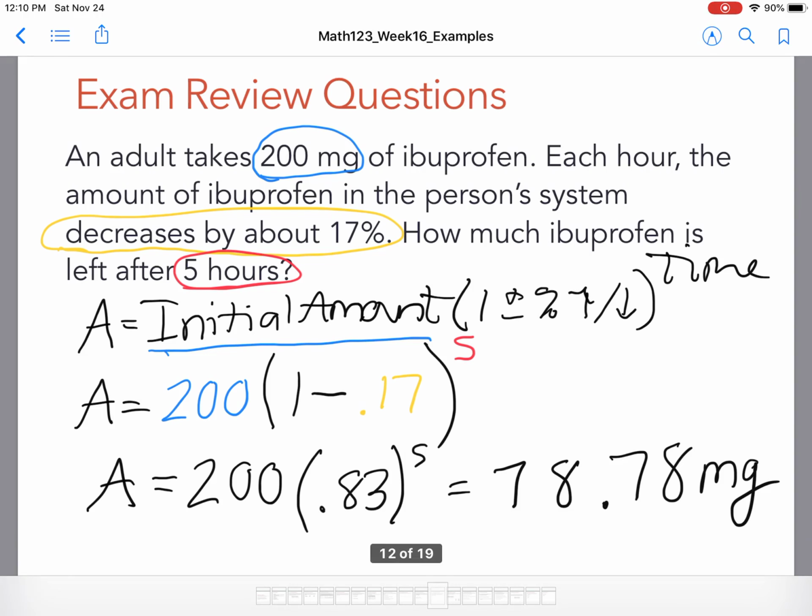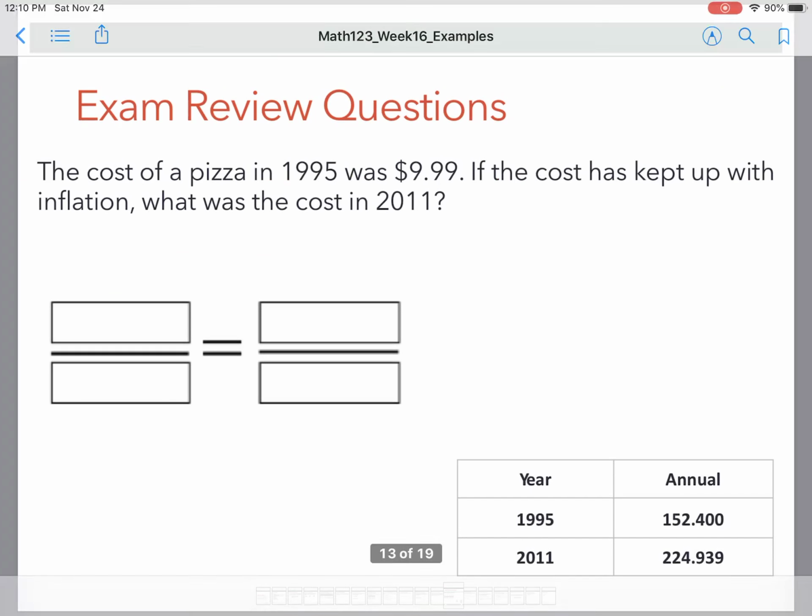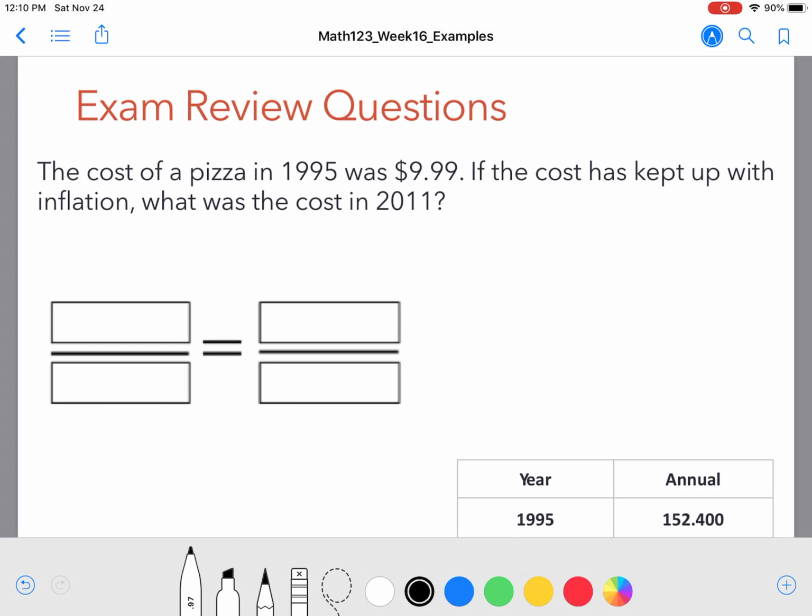All right, so let's take a look at the next example. Okay. The cost of pizza in 1995 was $9.99. If the cost has kept up with inflation, what was the cost in 2011? All right, so if you guys remember from when we would do these in class, we put 1 year on one side and 1 year on the other side, and then we always put dollars, and then we put the CPI value, all right?